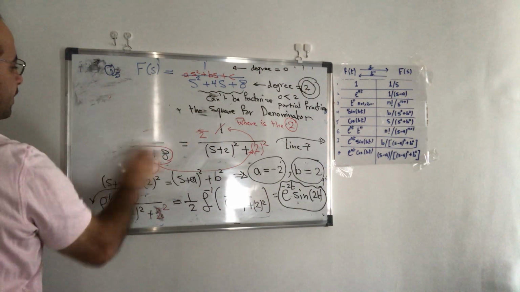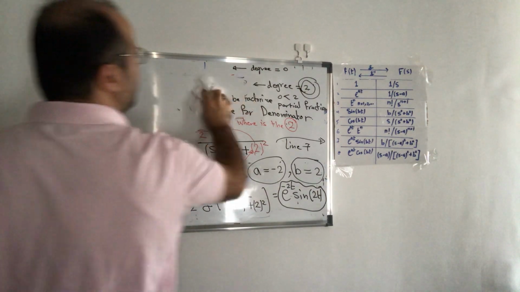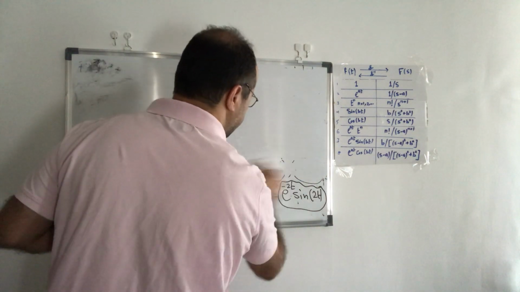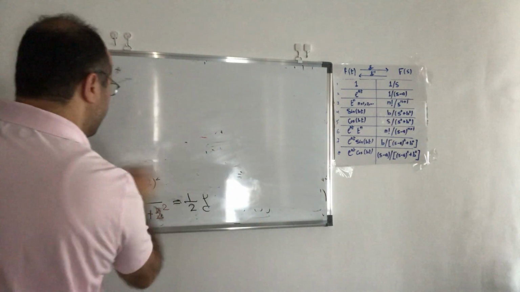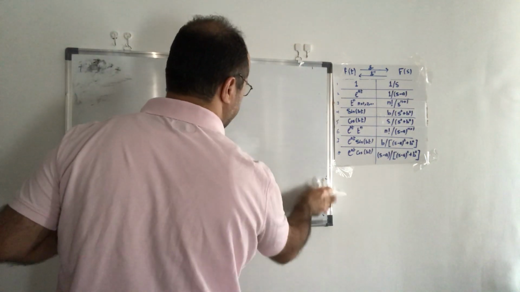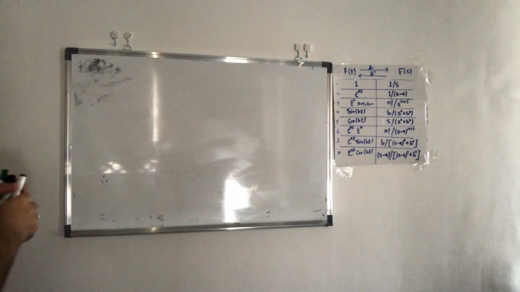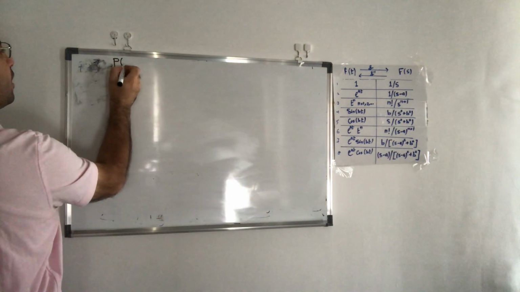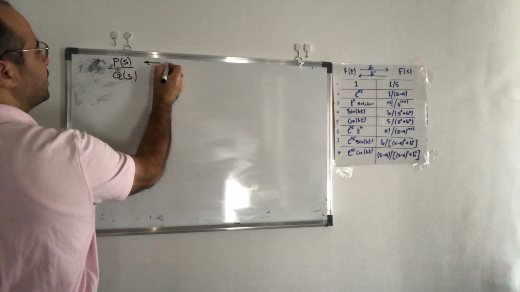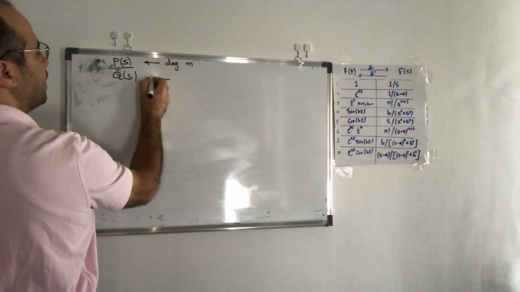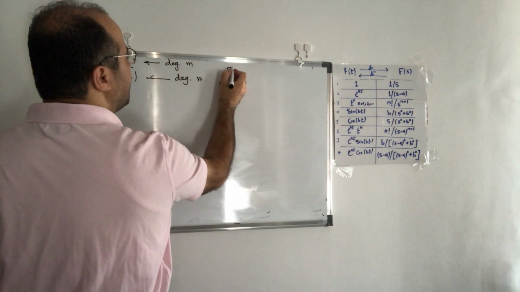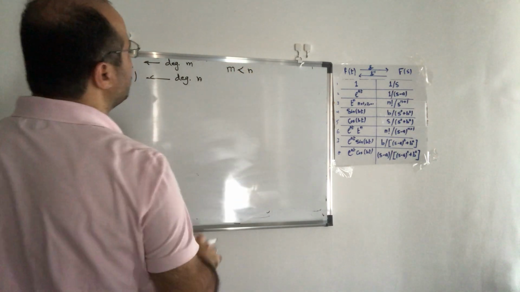So we did 2 things on completing the square, and now let me tell you what you will do if you can factorize the denominator. Here, I was explaining, if you have P of s over Q of s, with degree M for the numerator and degree N for the denominator, and we know that M is less than N, so you don't do the long division.